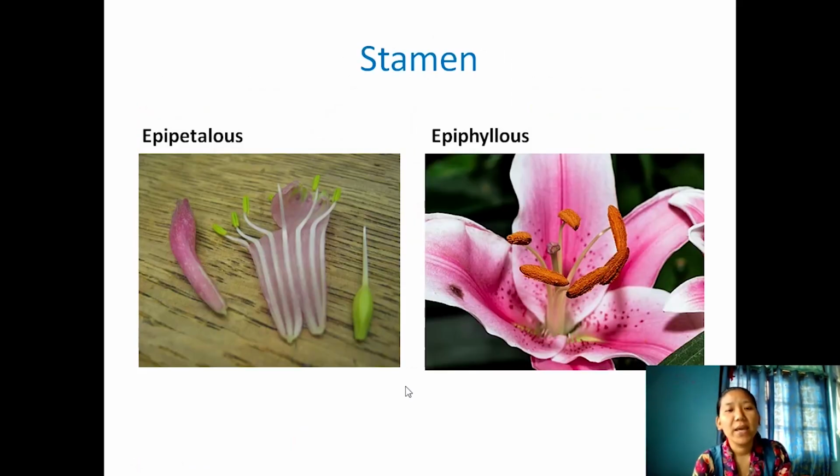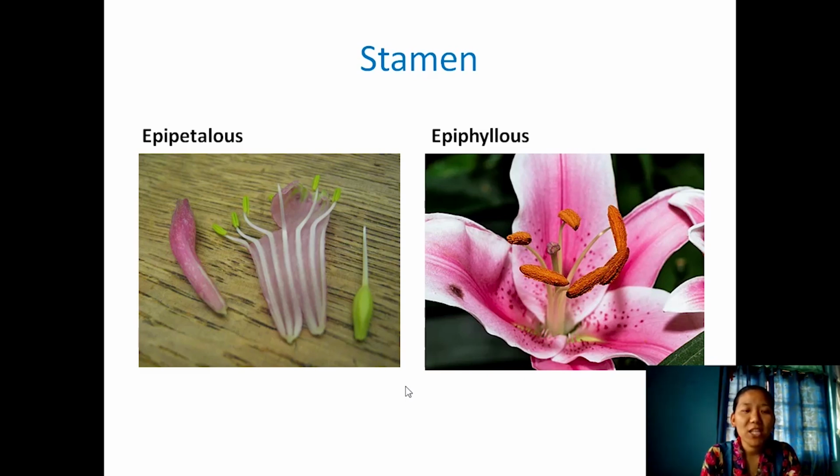As we already discussed, the stamens are attached onto the receptacle or the thalamus, but sometimes the stamen, that is the filament part, can be attached to the petals. Such an attachment we call epipetalous. Here we have the anther and the filament, and this filament is attached to the petals here.